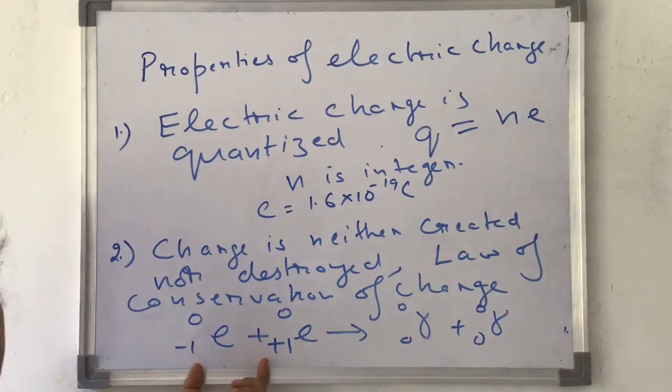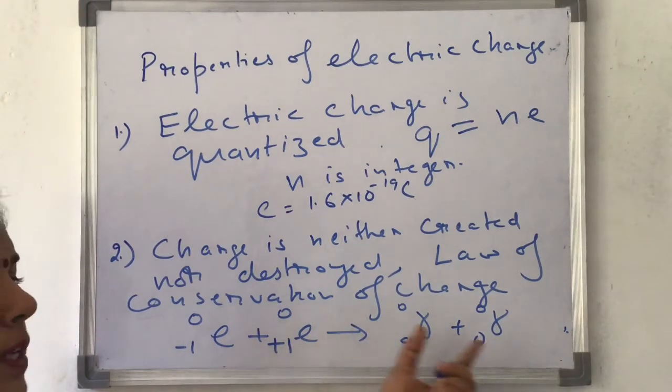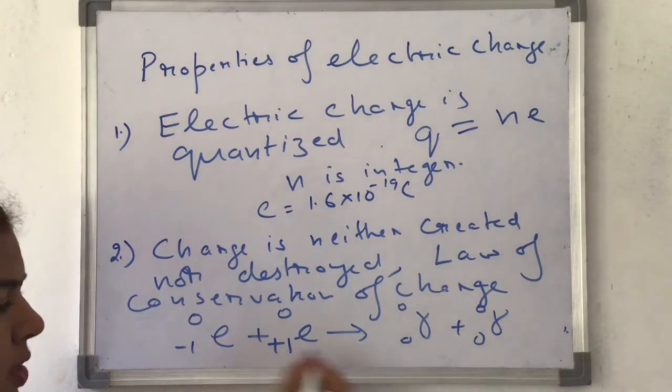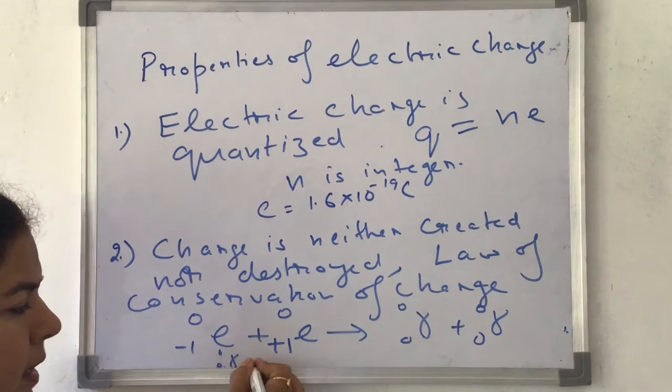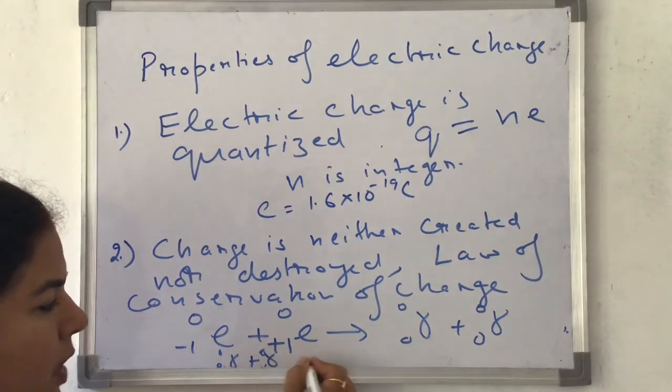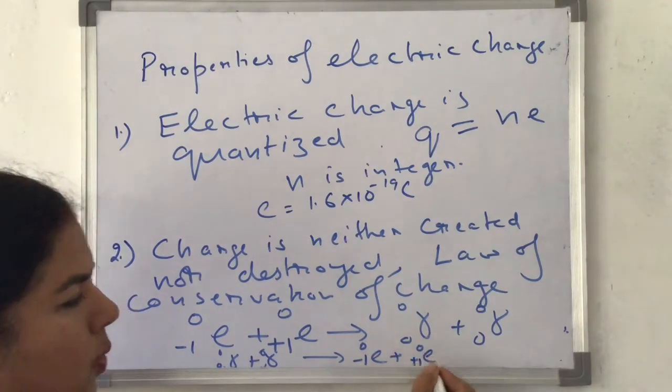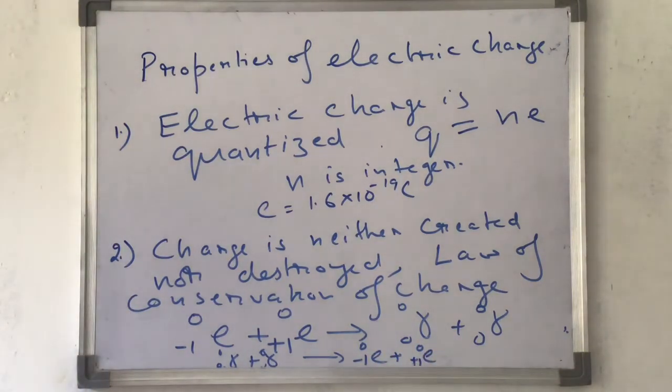In this case, what is the charge on the left hand side? 0. What is the charge on the right hand side? It is 0. If I do the opposite, pair production, that means when energy is there, an electron and a positron are produced. Here also charge is conserved. So it is the law of conservation of charge. Is it clear? Okay. Now let's come to the third law.